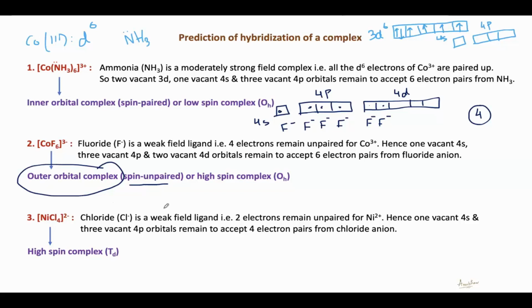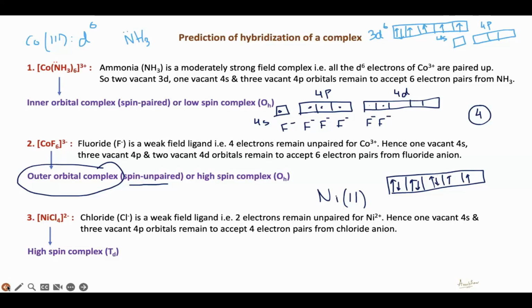Now, we have this compound of nickel, which has a nickel +2 center. Now, nickel +2 is d8. So if you draw this over here, we will draw first 1, 2, 3, 4, 5, and then we will start pairing up the electrons according to Hund's rule. 7, and this is 8.